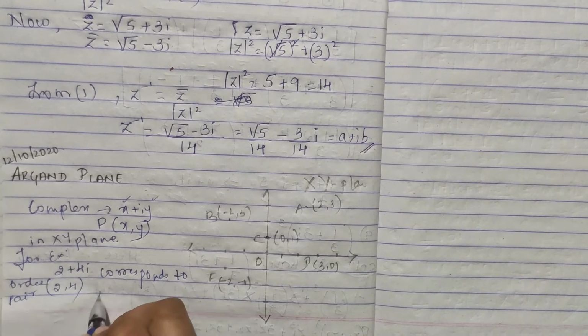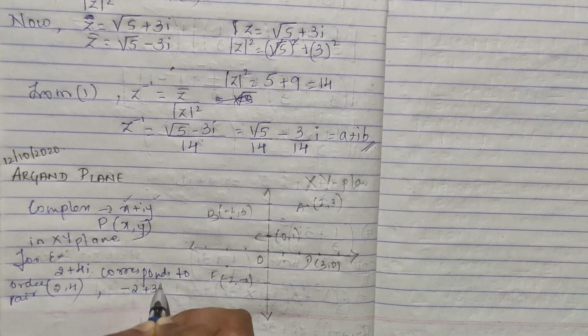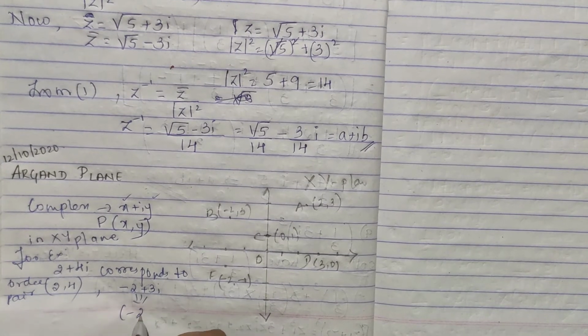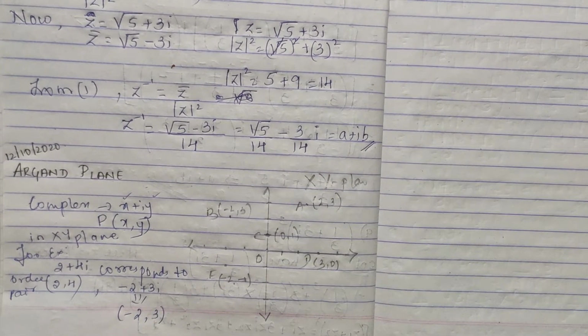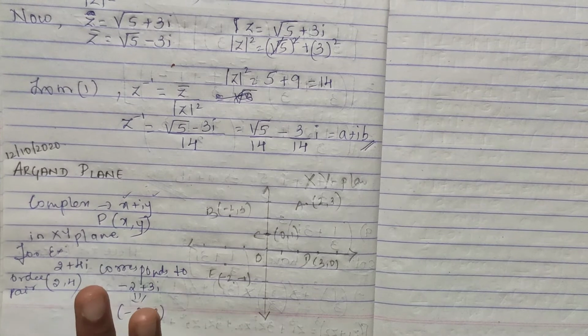Understood what I am telling? Suppose you have -2 plus 3i, so this ordered pair will be (-2, 3).